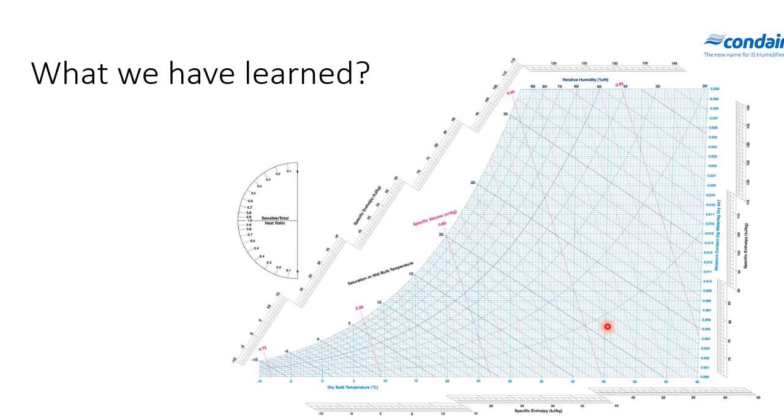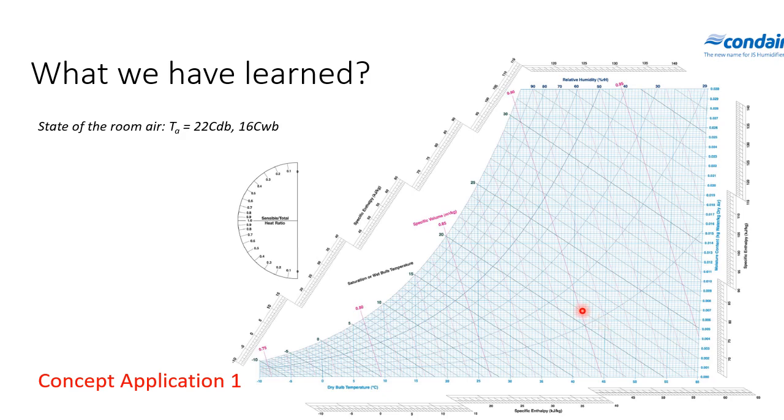Let's see how we can present room temperature, the room condition, on the psychrometric chart. Let's say we have room air measured by a sling thermometer: 22C dry bulb and 16C wet bulb.